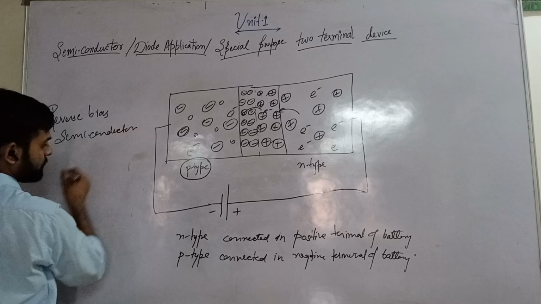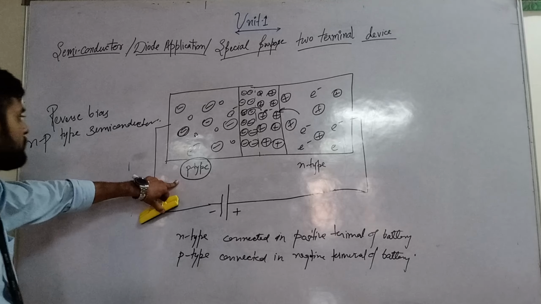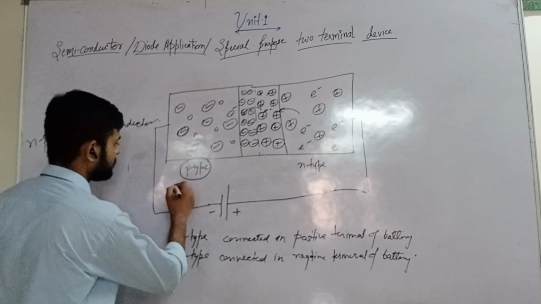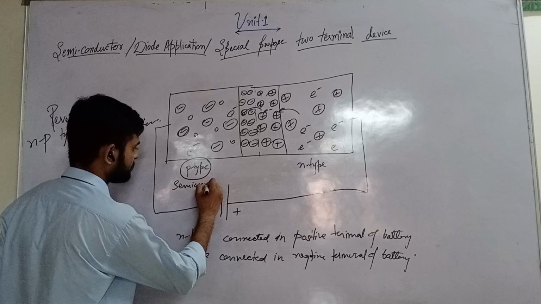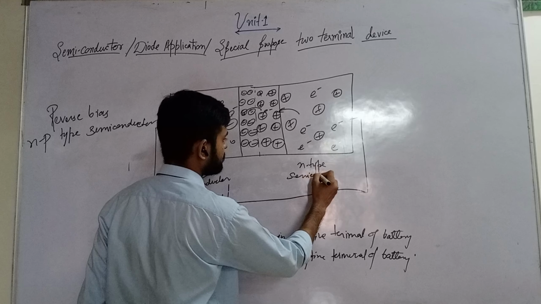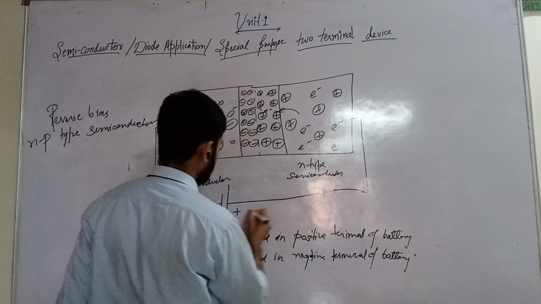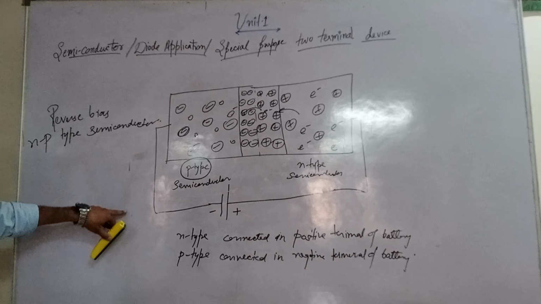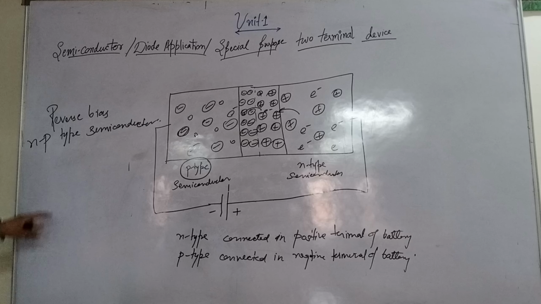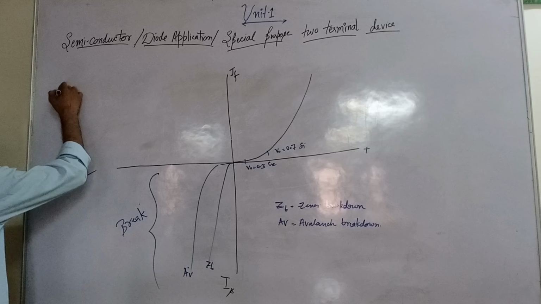If the P type semiconductor is connected to negative and the N type semiconductor is connected to positive, in this way we can say that this is reverse bias of the PN junction.